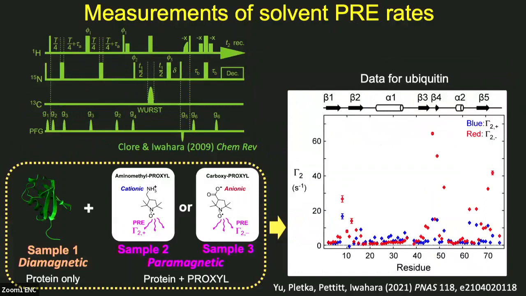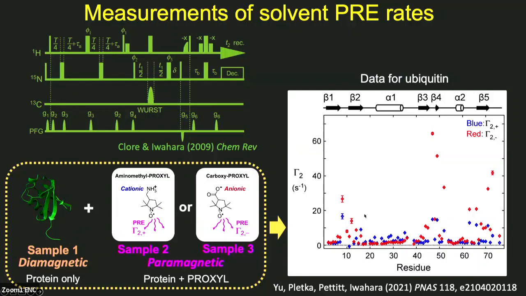Okay, here is the pulse sequence we use for the measurement of PRE rates. I mean, transverse proton PRE rates. And here we use 3 samples. One is just a protein solution, and the other 2 are with co-solute molecules as shown here.